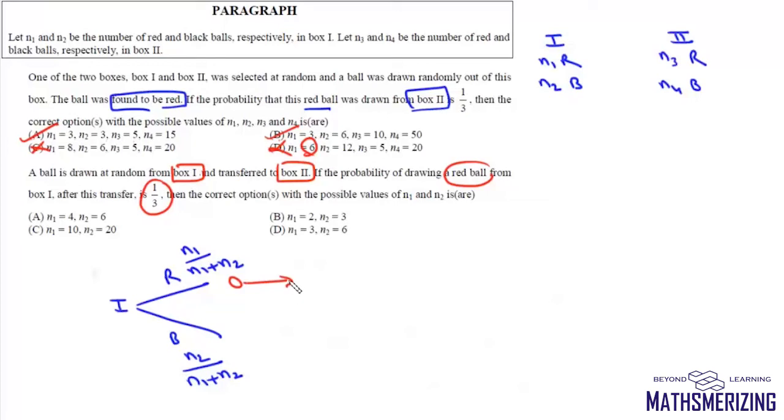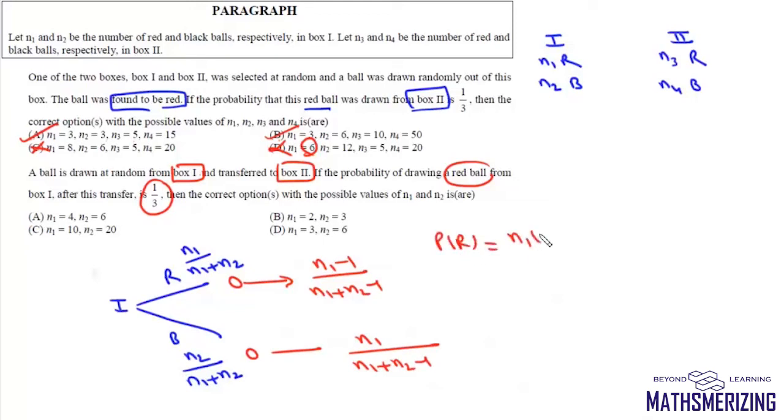Now after this transfer, we have drawn a ball from this first box. Now this first box has N1 minus 1 red and N2 black. So probability of drawing a red ball is N1 minus 1 upon N1 plus N2 minus 1. And in this case, it will be N1 upon N1 plus N2 minus 1. So probability of drawing a red ball after this transfer will be N1 into N1 minus 1 plus N1 into N2 upon N1 plus N2 into N1 plus N2 minus 1, and this probability is equal to 1 by 3.